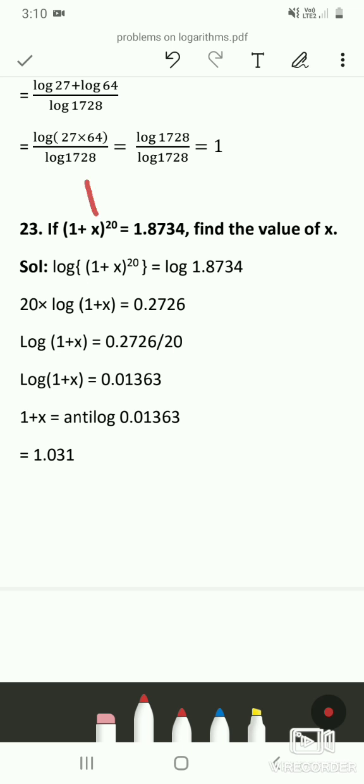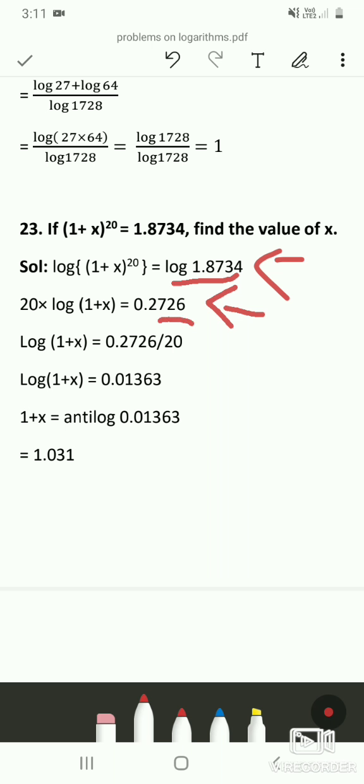So here you have to find out the value of x. So the first step is take log on both the sides. So log of 1 plus x whole raised to 20 is equal to log of 1.8734. So this, using the third law, you can write it as 20 into log of 1 plus x is equal to, so using the logarithm table, find the value of log 1.8734.